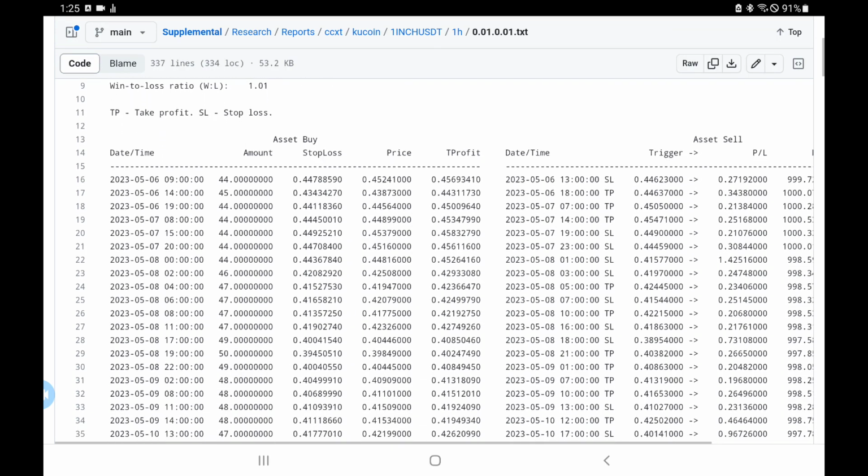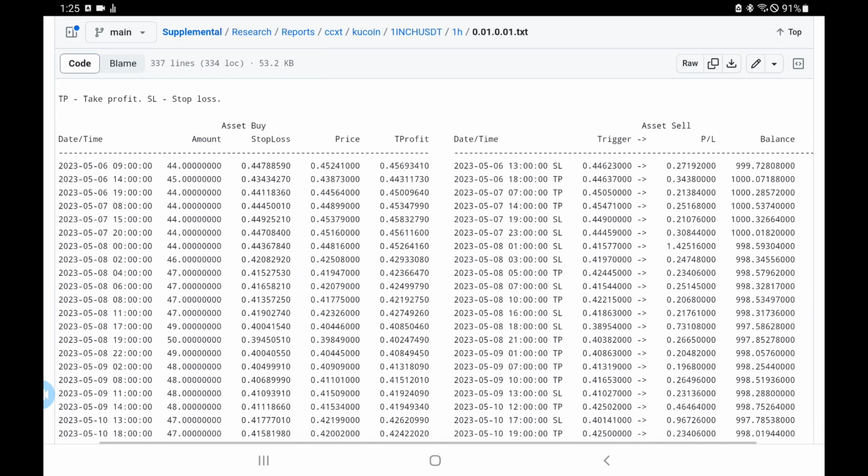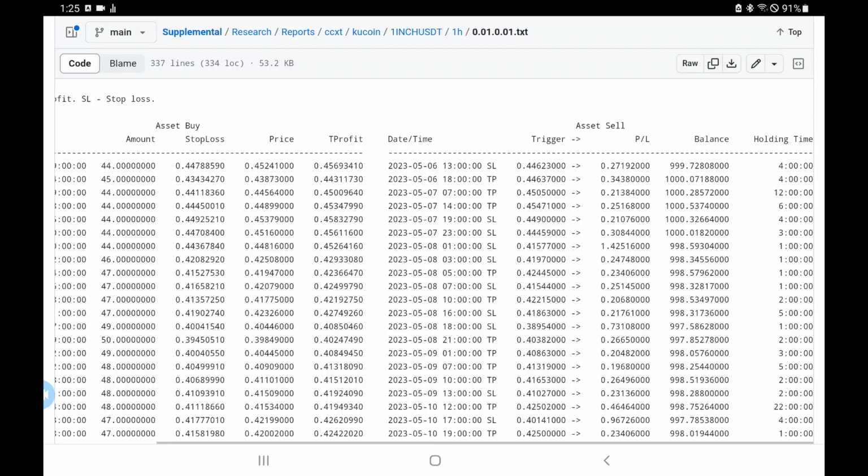So we see the table. Let's get right into the details. Very first trade was a stop loss, and we lost 27 cents. Then we started with a take profit, another take profit, another take profit, and then a string of stop losses.